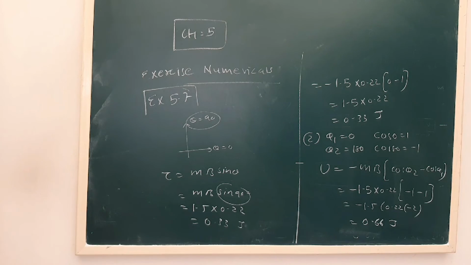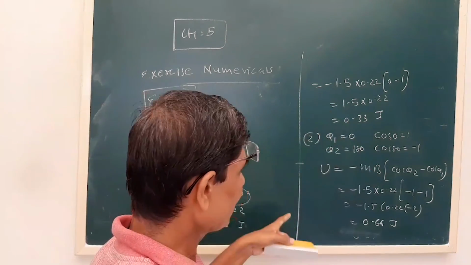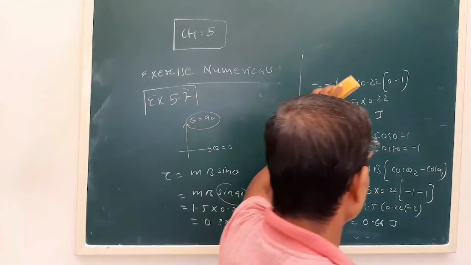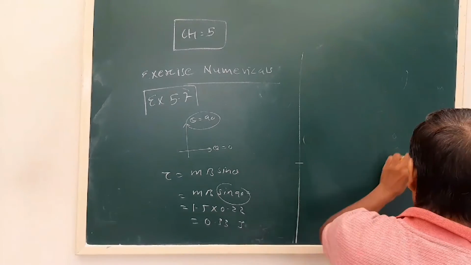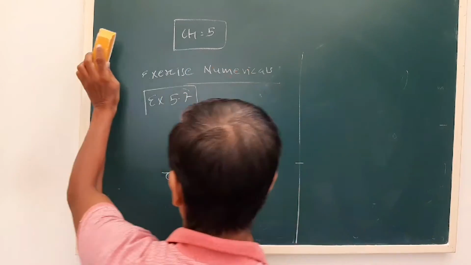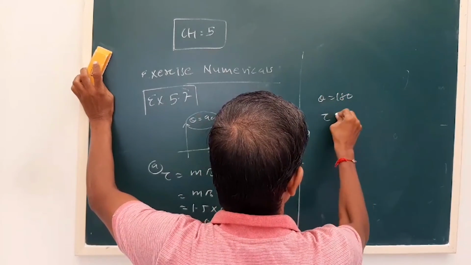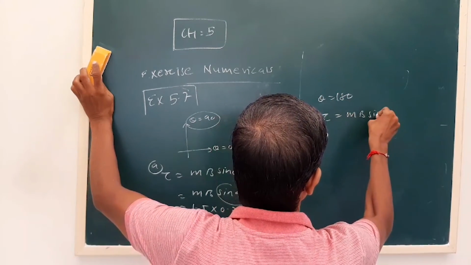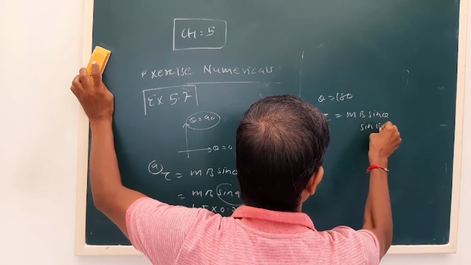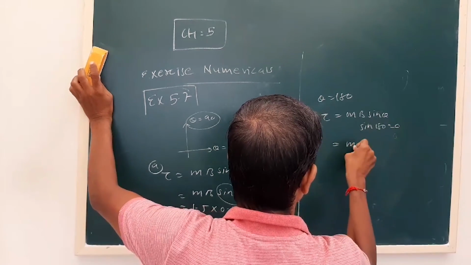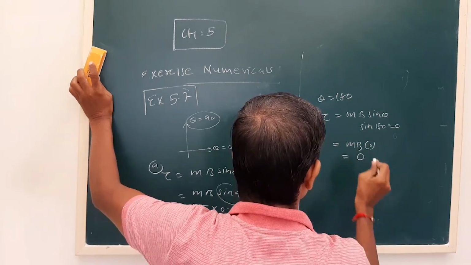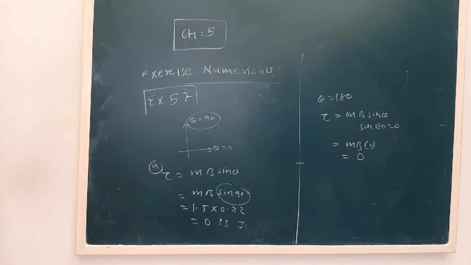Secondly, rotated by an angle of 180 degrees, so theta will be 180 in the second case. Torque is mb sin theta, and sin 180 is 0. So this is how we get the value of torque in each case.